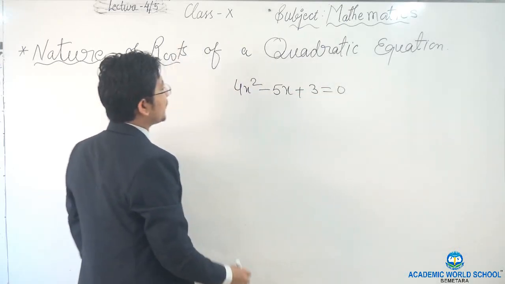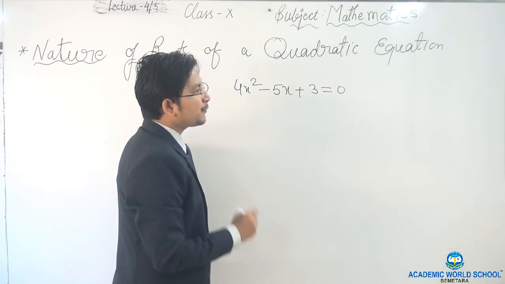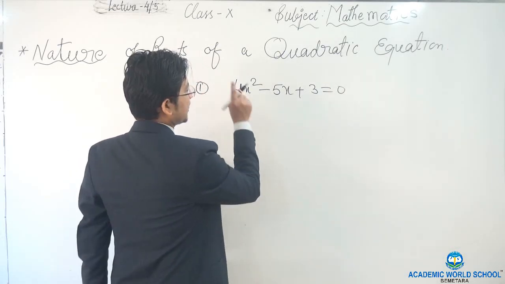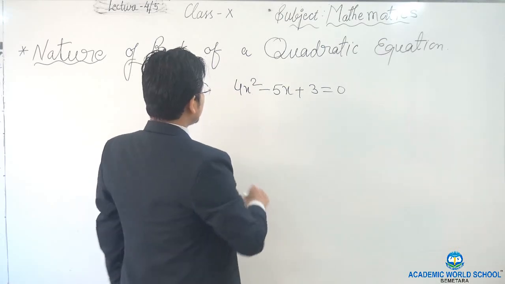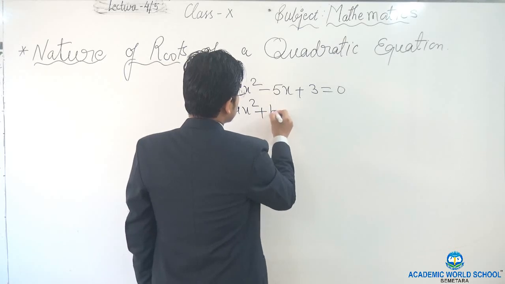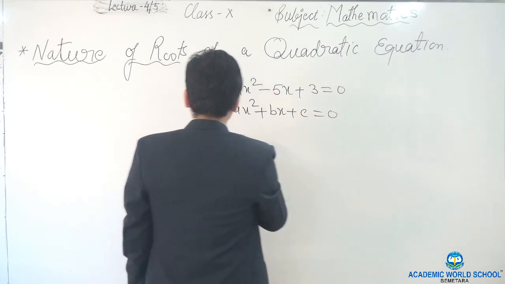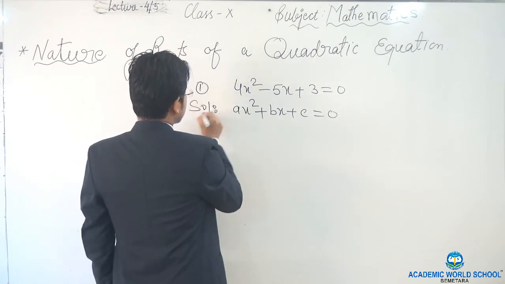This is a quadratic equation, and we have to find the nature of its roots. So we compare it with ax square plus bx plus c is equal to 0.